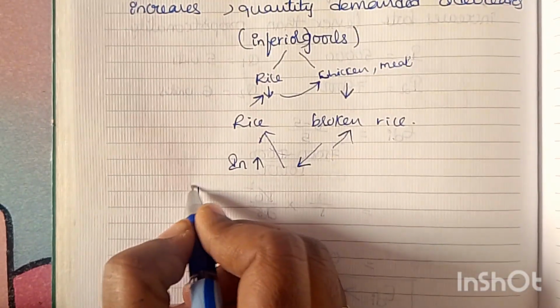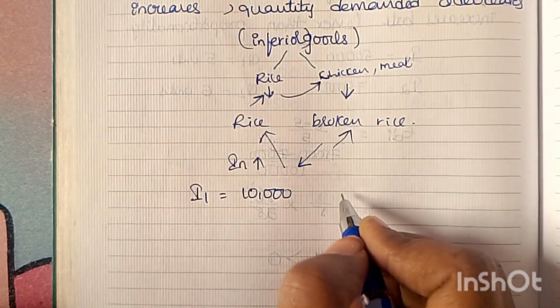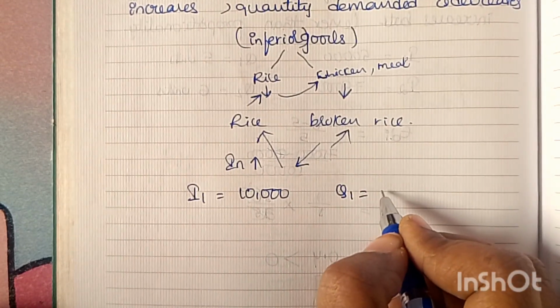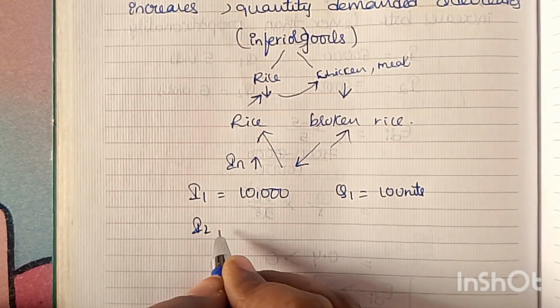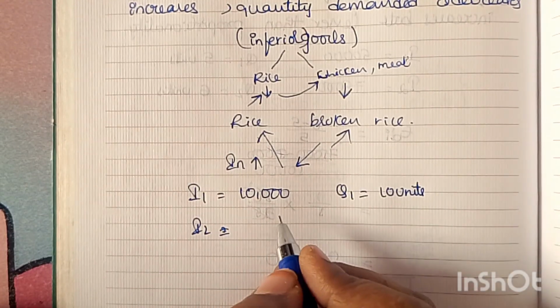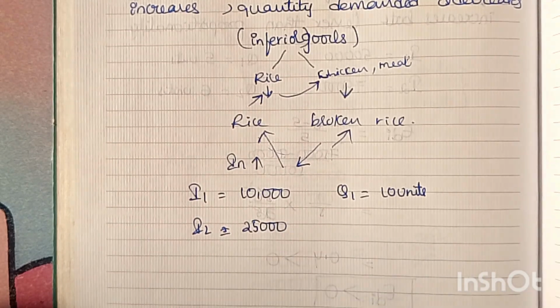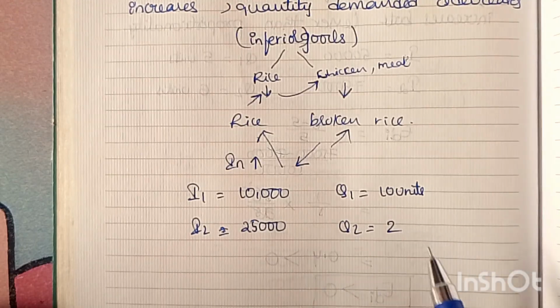Suppose the income level of a consumer is 10,000, then the quantity demanded is 10 units, okay. If the income of that person increases to 25,000, then the quantity demanded is reduced to 2 units, okay.